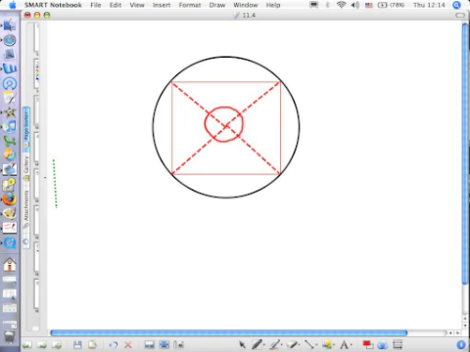Because this is a regular polygon, every one of those central angles is equal to each other. So a 4-sided figure has 4 central angles that add up to a circle, which is how many degrees? 360 degrees. So in this specific polygon, that means that this is 90, this is 90, this is 90, and so is this. So how do we find the central angle of a regular polygon?